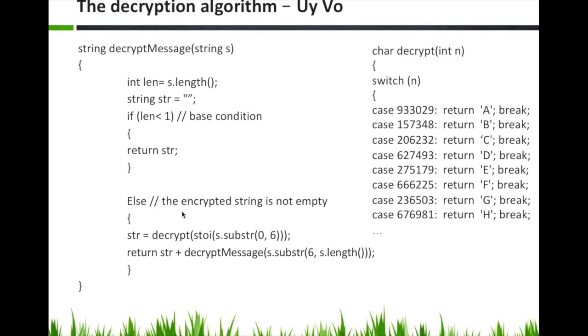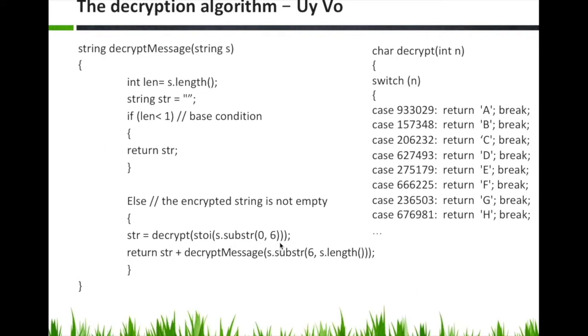In the other case, it means the encrypted string is not empty. The function will begin to decrypt the first 6 elements of the encrypted string. So here we use the substring function.